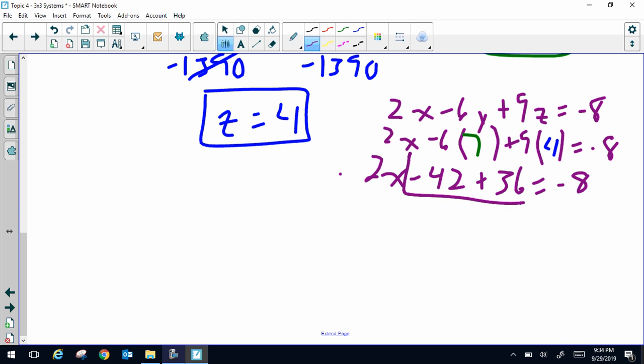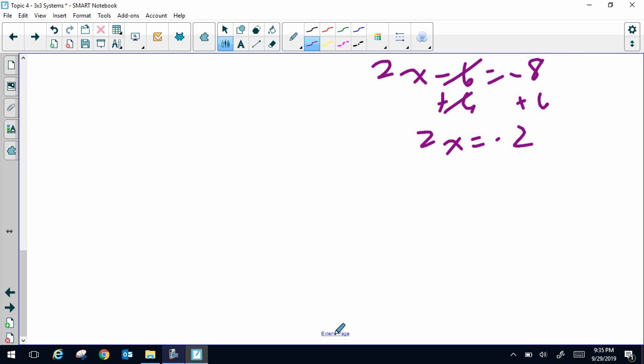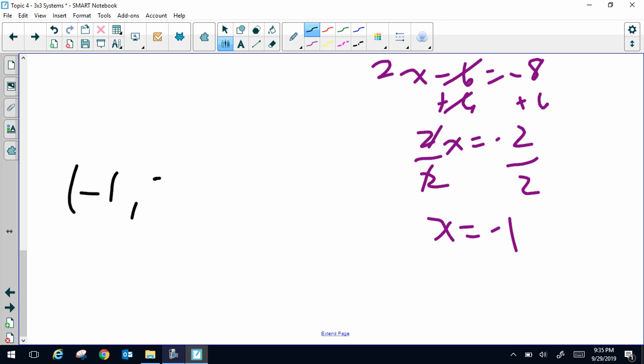Combine your like terms here, which is going to give you 6. Add the 6 over. Divide by 2. So you get x is equal to -1. And when you write it, it always goes x, y, z. So the ordered pair would be -1, 7, 4.